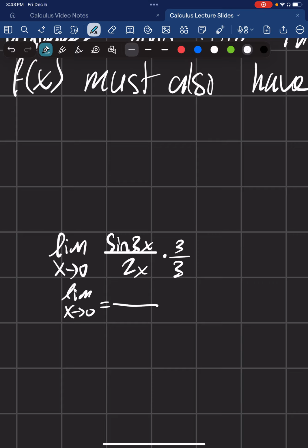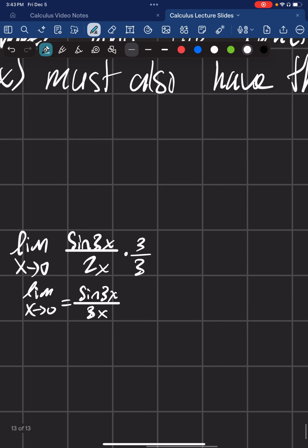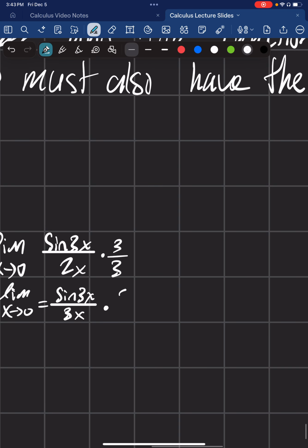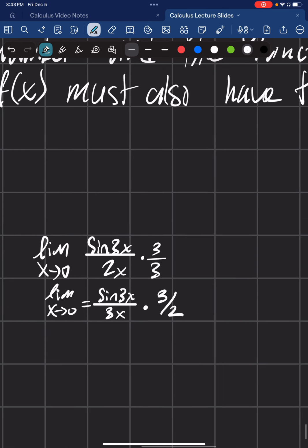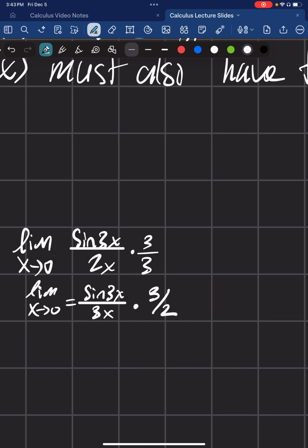We want this to look like sine 3x over 3x, right? And then we can just pull out the rest of that 3 over 2, right? If we multiply this across and this across, you still end up with the same thing as if we did this, meaning that we didn't change the function at all, but we're still able to now evaluate this limit, all right?